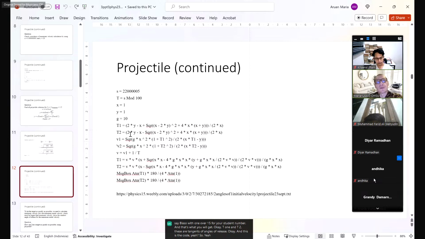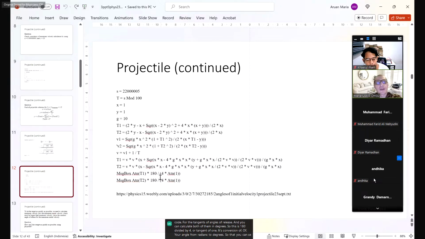So basically, this is the code for the tangents of angles of release. And you can calculate both of them in degrees. So this is 180 divided by 4 arctangent of 1. It's conversion of your angle from radians to degrees, so that you can see your angles of release in degrees.